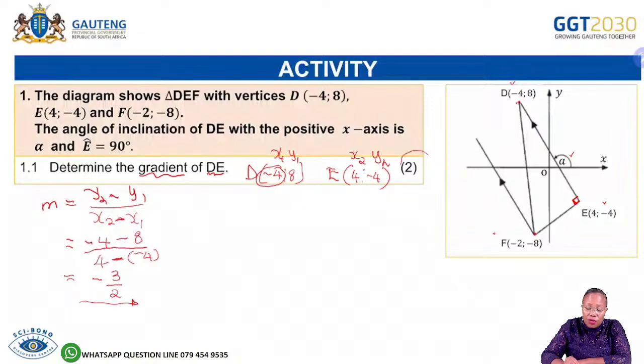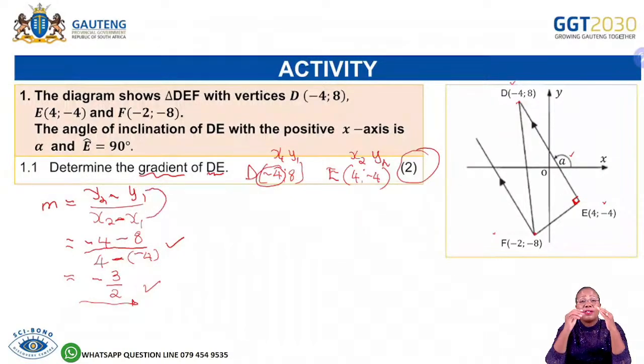The allocation of marks there is 2 marks. Therefore, the first mark will be for correct substitution into the correct gradient formula, and the second one will be for your final answer. The most common mistake done by learners is that they swap the formula around. You'll find that they write x2 on top and y2 on the denominator.